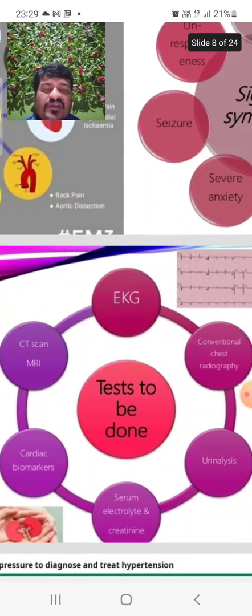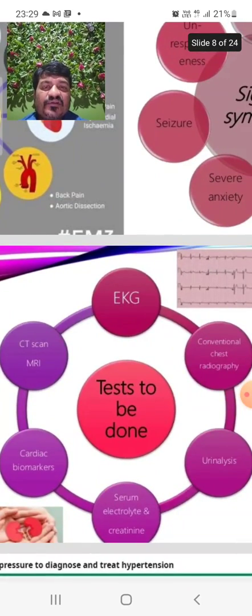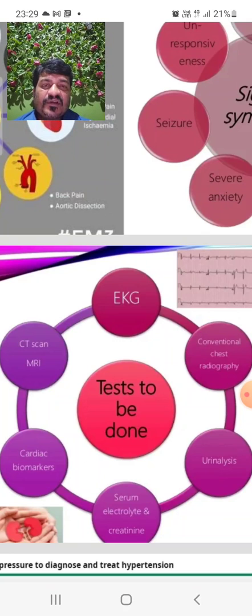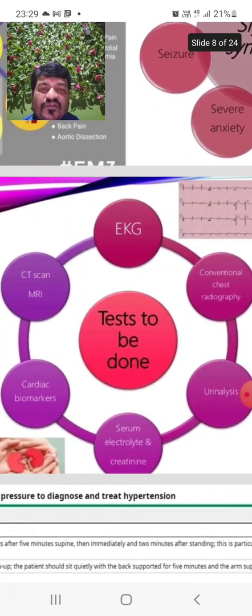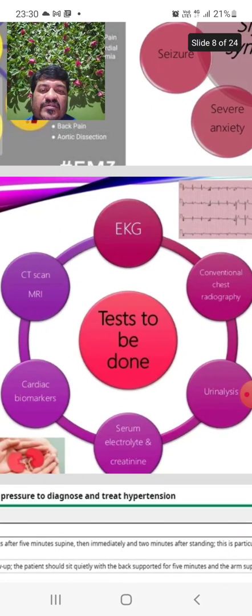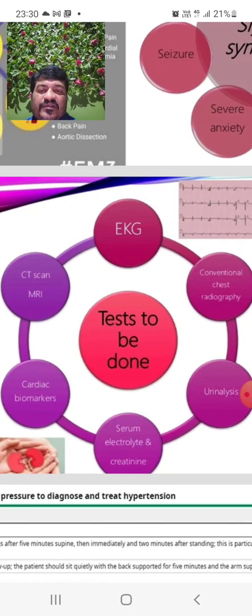So the next thing is the tests to be done in case of hypertension, like EKG, meaning electrocardiogram. Second is conventional chest radiography. Third is urine analysis. Fourth is serum electrolytes as well as serum creatinine levels.